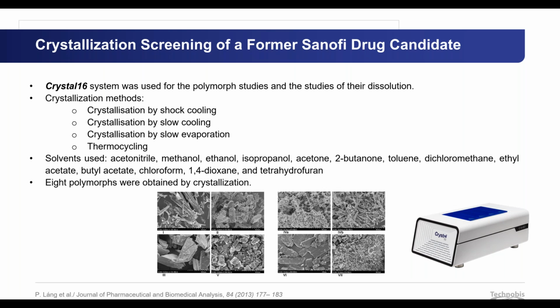These are a few case studies. Examples from the literature. This is a group from Hungary. They published quite some years back on a drug from Sanofi. I think at that time the drug was known to have only 2 polymorphic forms or so, and what they tried to show is that if you add a bit of diversity in your crystallization screening, you can actually find much more.